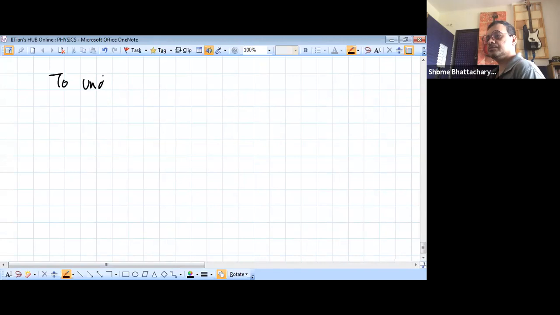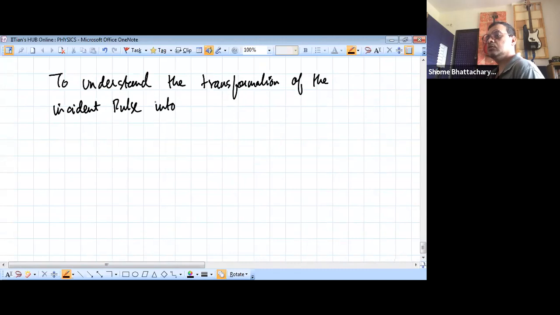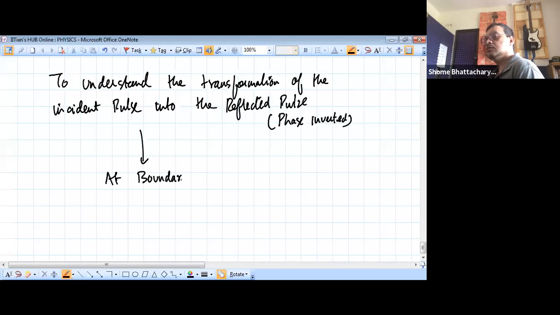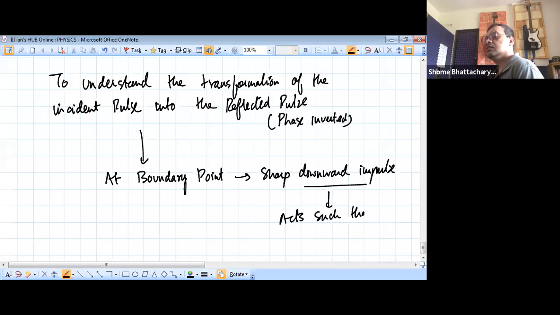So to understand the transformation of the incident pulse into the reflected pulse, which is phase inverted, what is happening is at the boundary point, there is a sharp downward impulse that acts such that the boundary point has zero displacement.